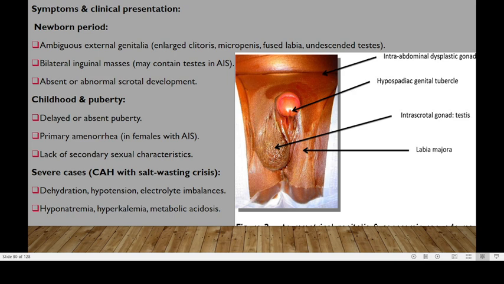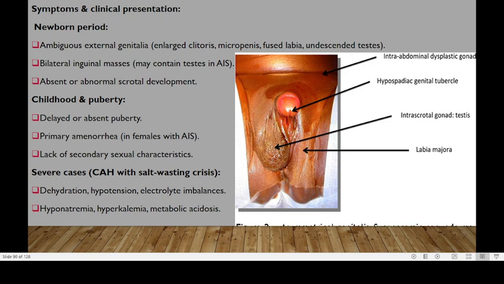In the newborn, ambiguous genitalia could present as enlarged clitoris, micropenis, fused labia, and undescended testes, right? There may be bilateral inguinal masses, which might contain testes, and abnormal scrotal development. That could present in the newborn period.